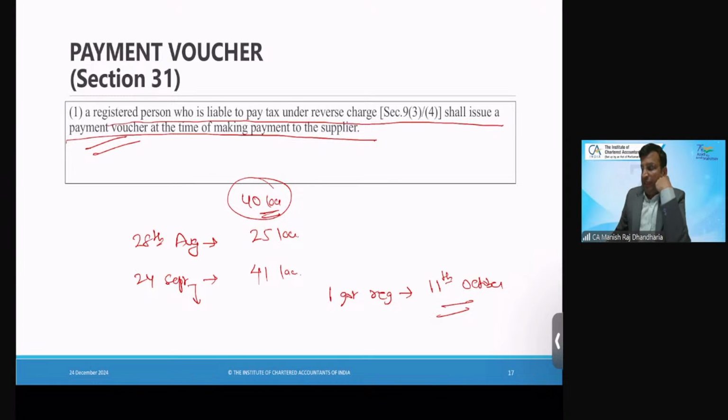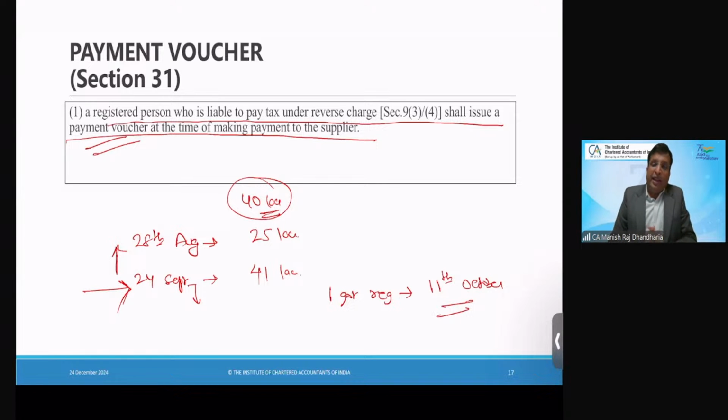Now you say me one thing. From 24th और before 24th में फर्क क्या है? Before 24th, I am not supposed to collect any tax. I am not supposed to pay any tax to the government, correct? But from 24th, there is a liability to collect tax and pay to the government.